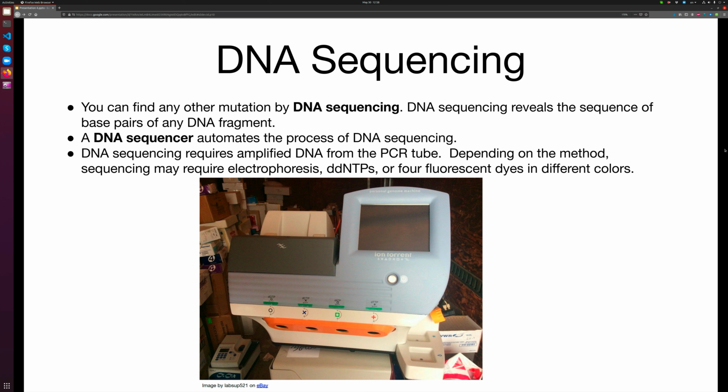But depending on the method, sequencing may require electrophoresis if it's next generation or third generation sequencing, ddNTPs, or 4 fluorescent dyes in different colors. So you can see the 4 fluorescent dyes in different colors, which will just be nicer, and it will show you what the sequence is.